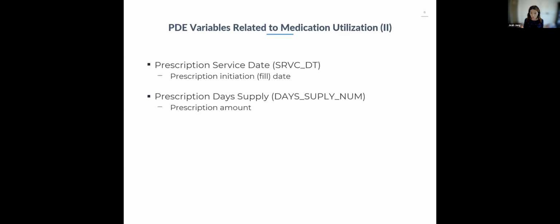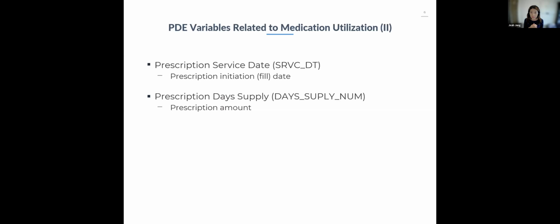If you think about any medical service you use, you usually want to know when they receive the service and how many times, etc. So in drug research, we usually count prescription amount based on days.